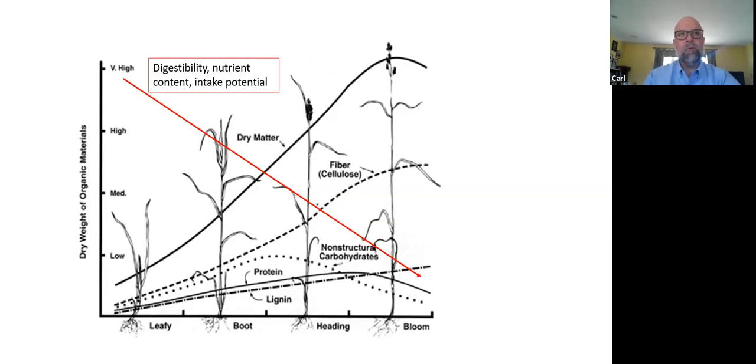It takes longer to digest in their rumen. And while that rumen is staying full with fibrous feed, those animals aren't taking in feed that's more easily digested and maybe a little bit higher in concentration.